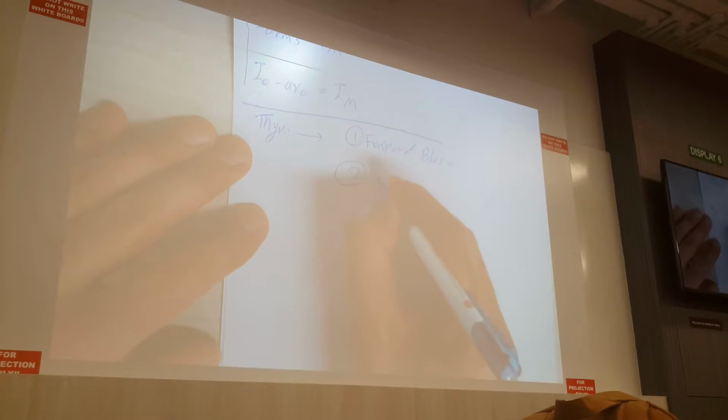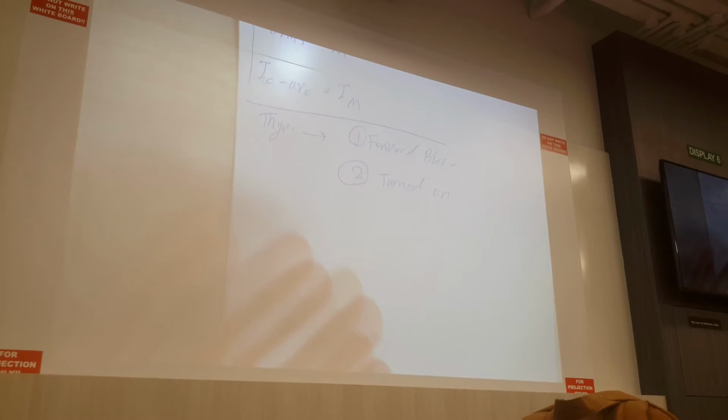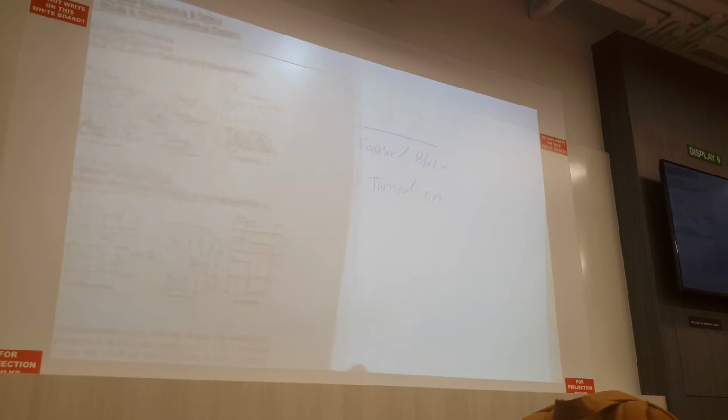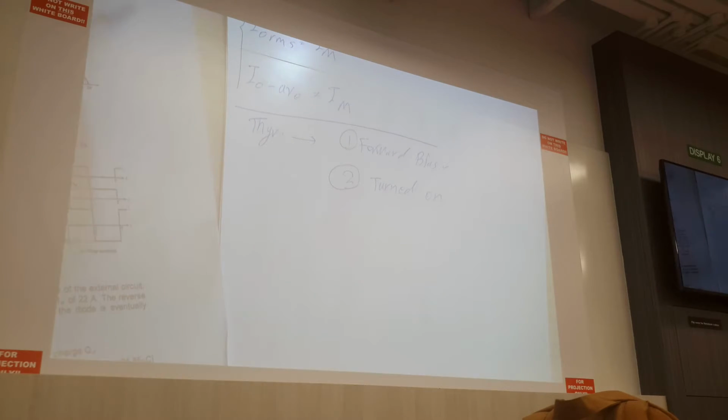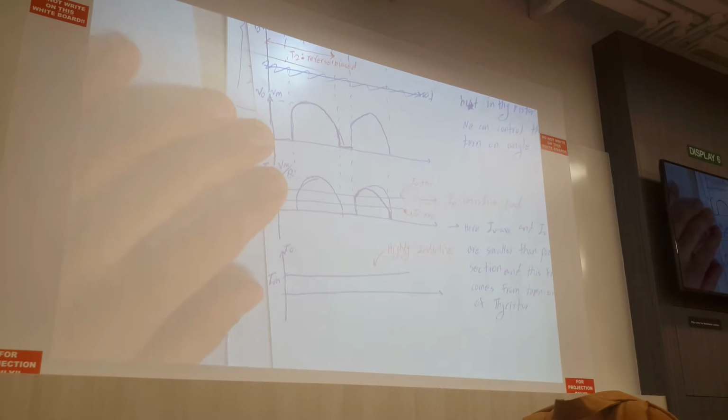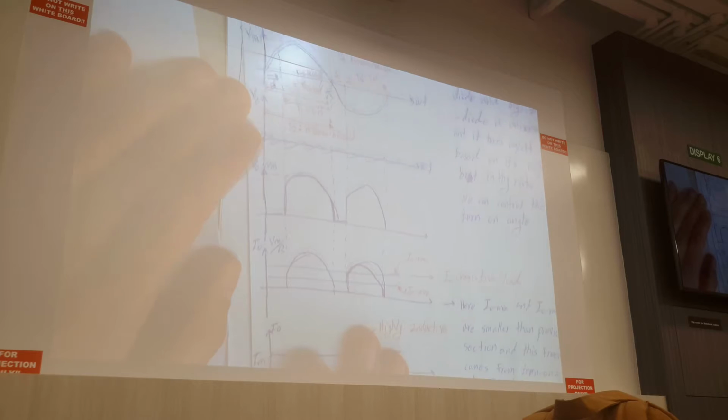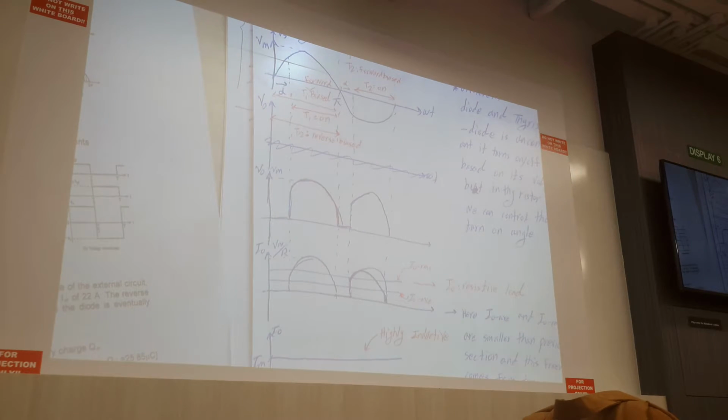Second, the gate of the thyristor should be turned on. Otherwise, even if it is forward biased, it won't become on. That's the thing which I told you.